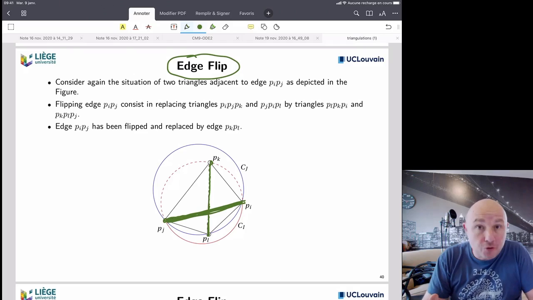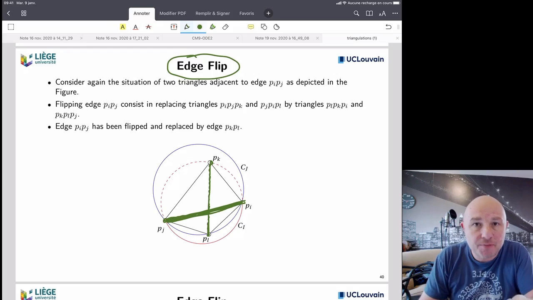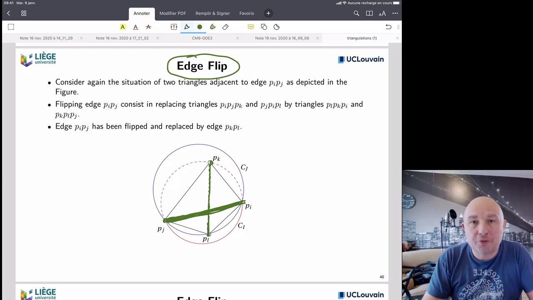So imagine you have a triangulation that is not Delaunay. Then, by applying flips to edges of the triangulation, with a maximum number of n squared flips if you have n points, you will reach the Delaunay triangulation. So that's a first algorithm.